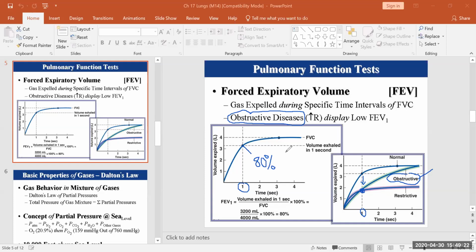Now, one thing your book is not really clear on is the following. This is also another example where you can clearly compare the two.